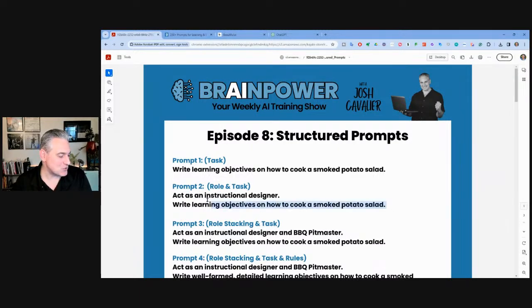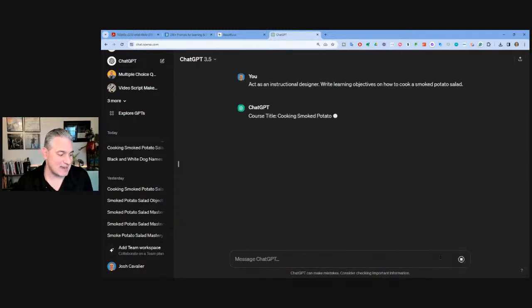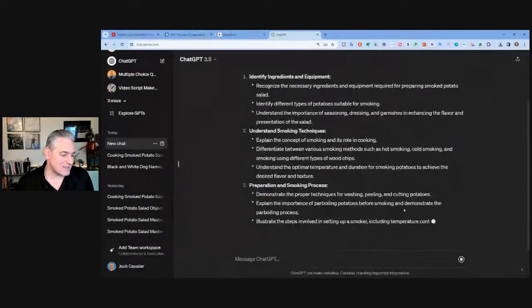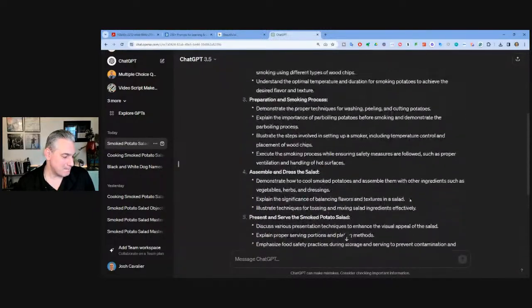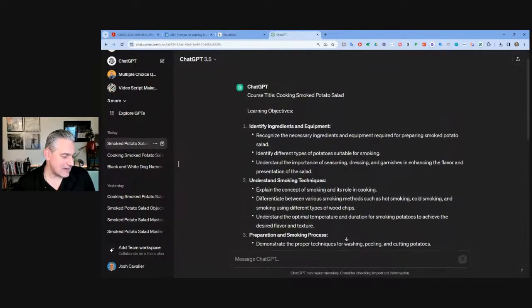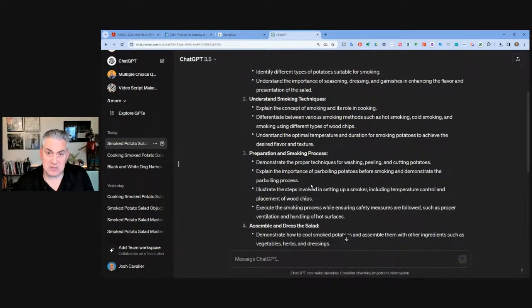I'm going to go to prompt number 2. We'll copy that, take it back over to ChatGPT, and let it rip. Let's see what we have here. All right, so now it's a little bit different format, but again, I still see "understand" coming back. Even within here, I'm getting some additional, specific learning objectives within these areas of knowledge that are just okay.